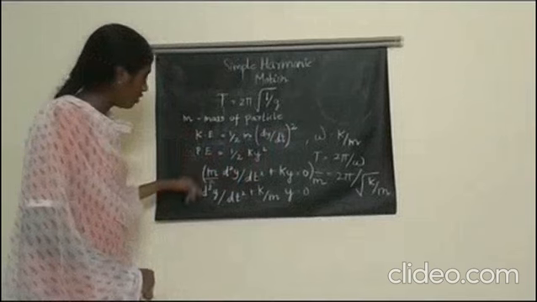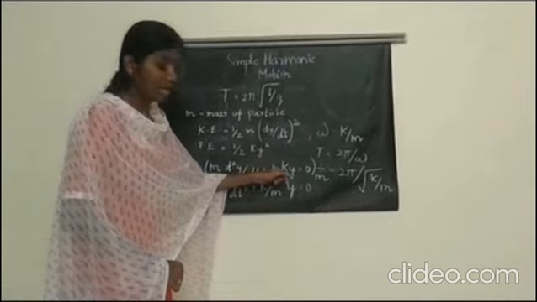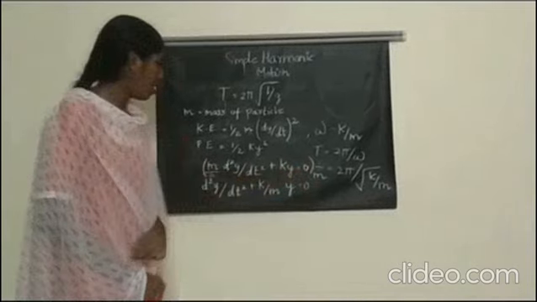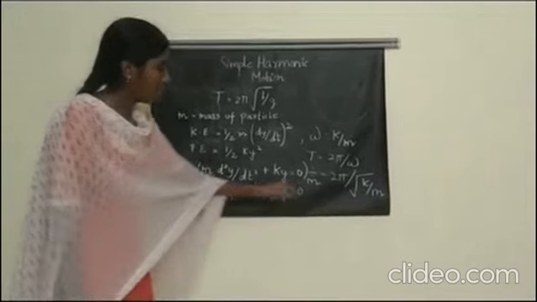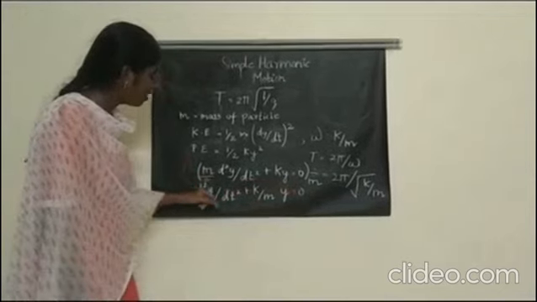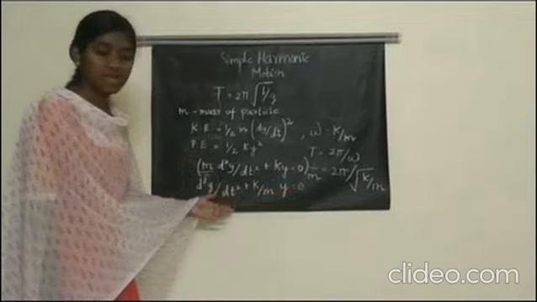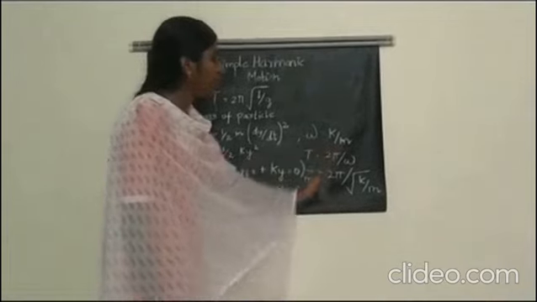By adding these two equations, m into d square y by dt square plus k into y equals 0, which means constant. By dividing this equation by m, we get d square y by dt square plus k by m into y equals 0. It is the differential equation of undamped vibration where omega square equals k by m.